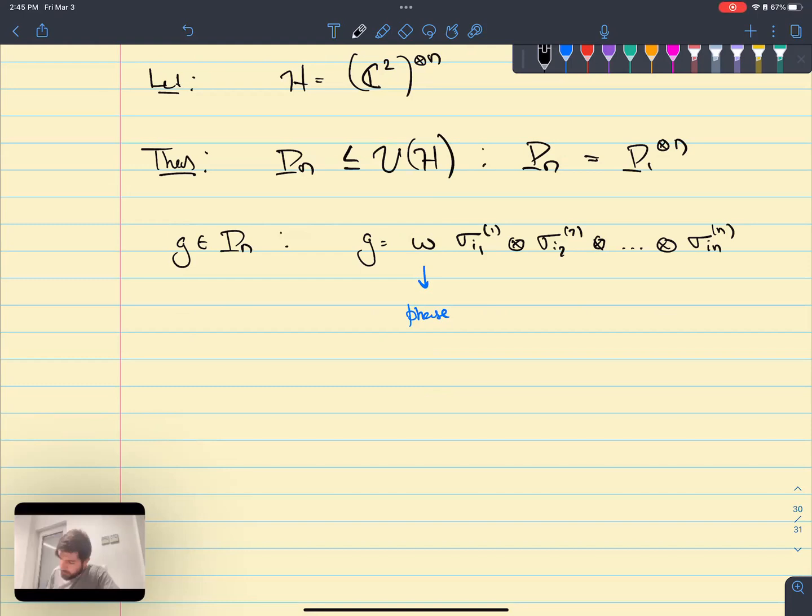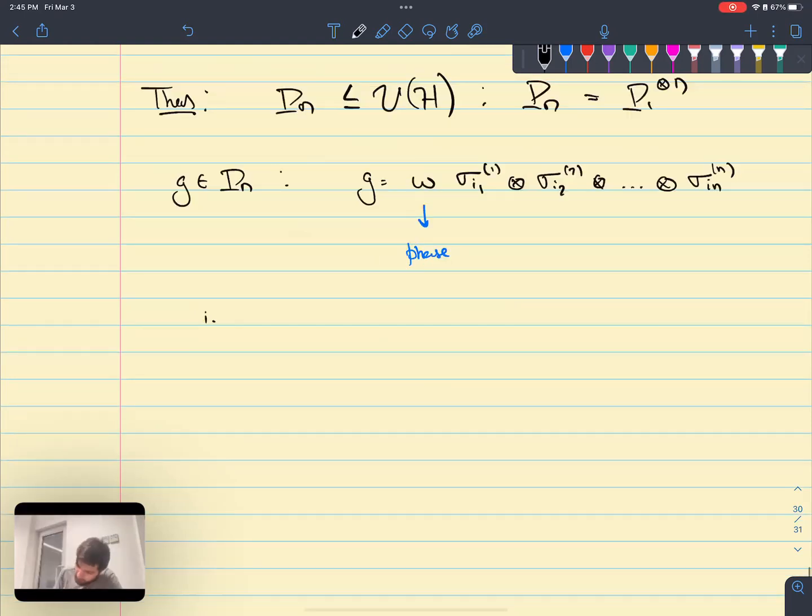And so they also have properties similar to the single qubit operators. We have the following.